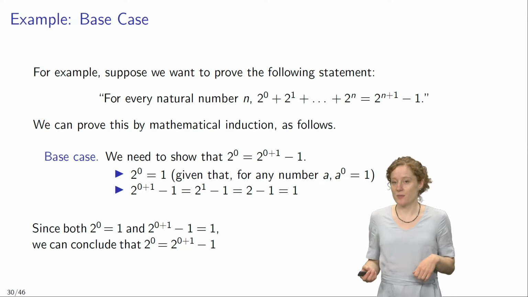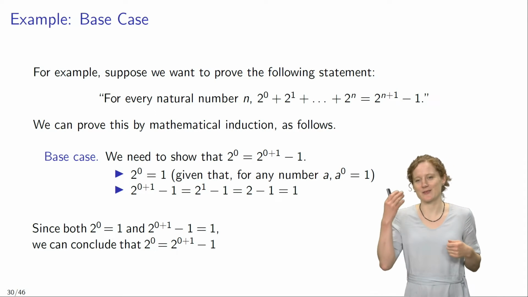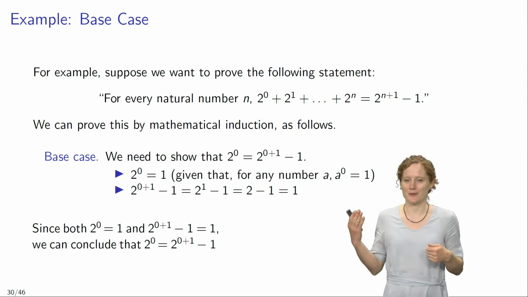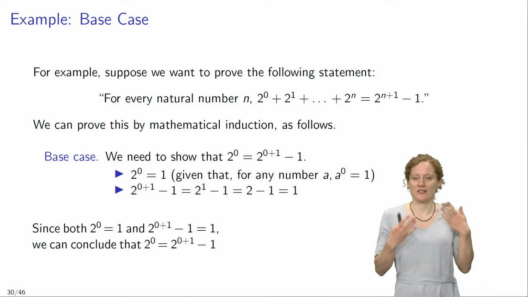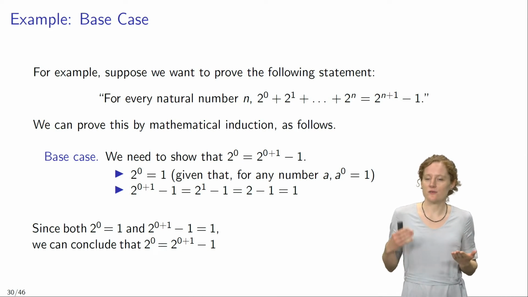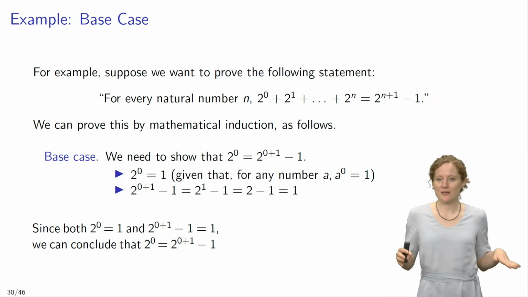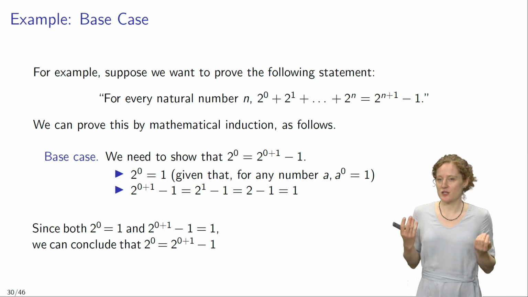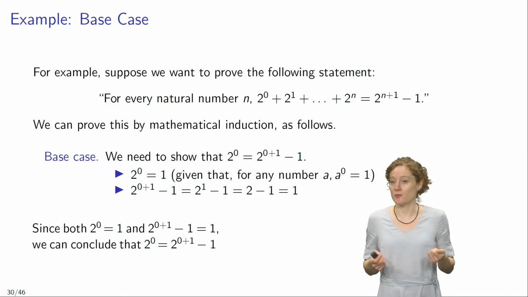Since both 2^0 equals 1 and 2^(0+1) minus 1 equals 1, we can conclude that in fact 2^0 equals 2^(0+1) minus 1. And that completes the base case. Here we have shown that the number 0 has the property that we wanted to prove it has.